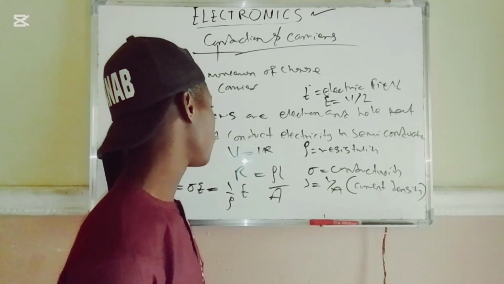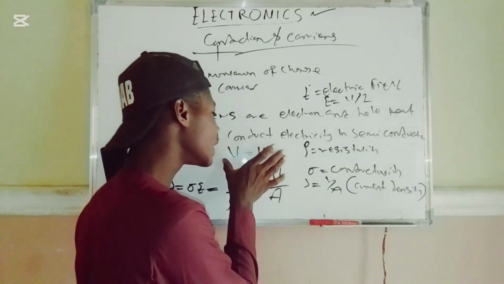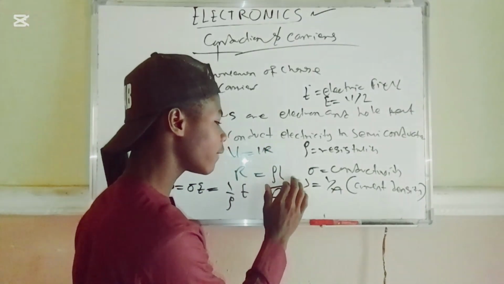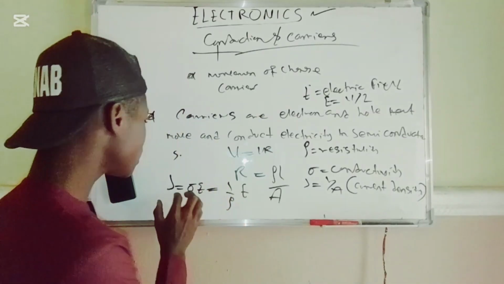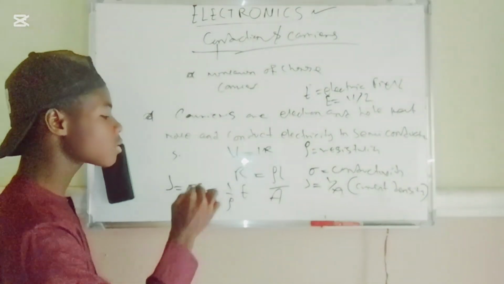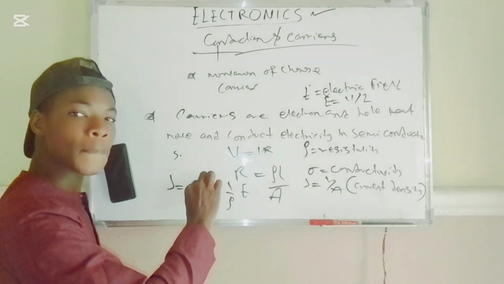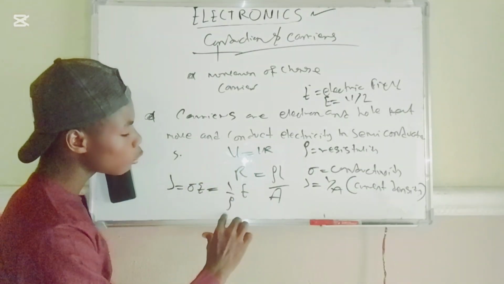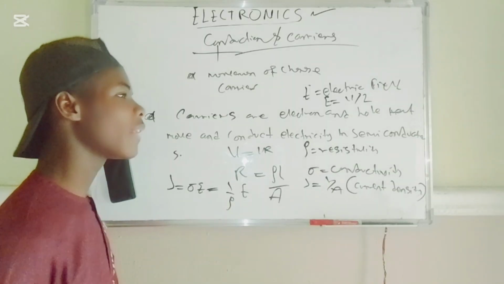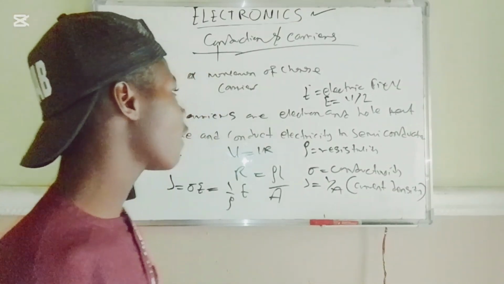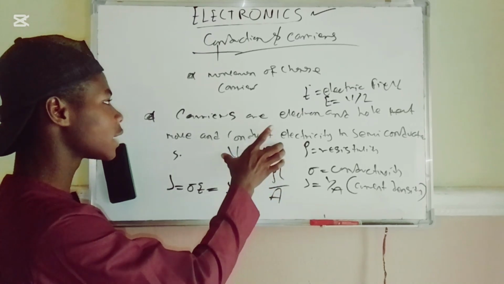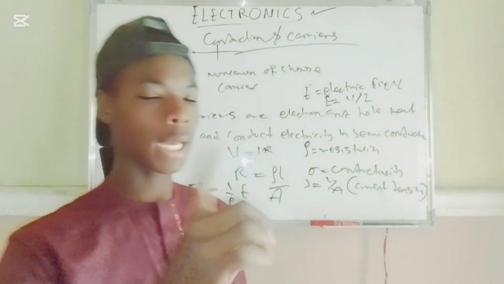Kindly write them down: V equals IR, R equals resistivity multiplied by L divided by A, and J, the current density, equals sigma E, which equals 1 over rho, the resistivity, multiplied by the electric field. So this relates with V equals IR.